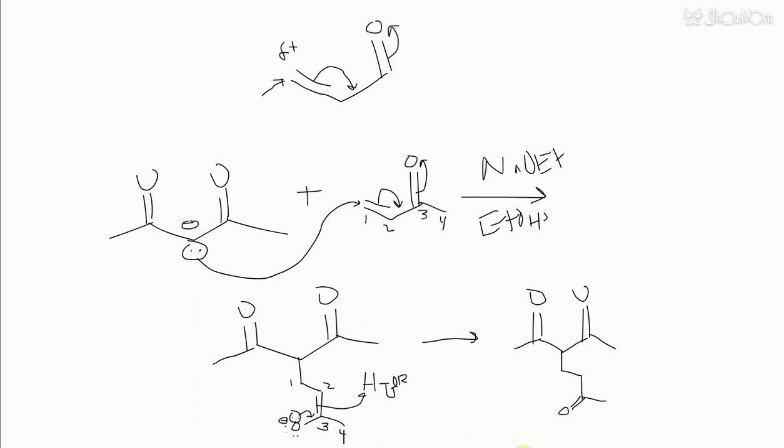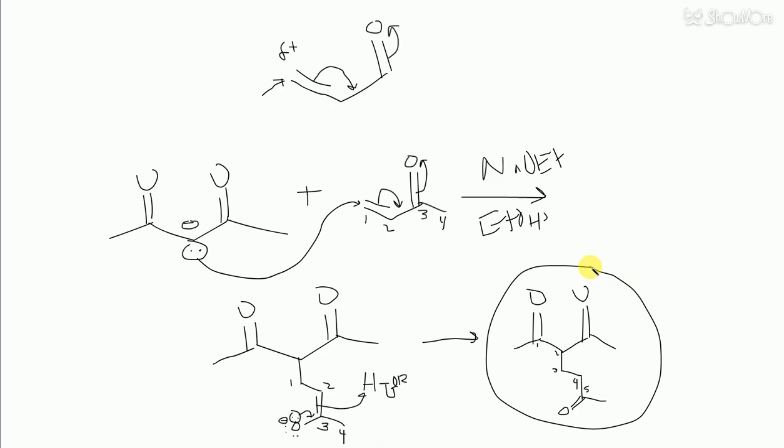And so here is our answer. The way you know you have a Michael product is if you count from one carbonyl to another, you will always get 5 total carbons, including the carbonyls. And so this is the Michael product.